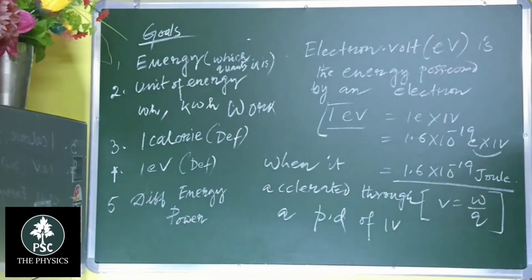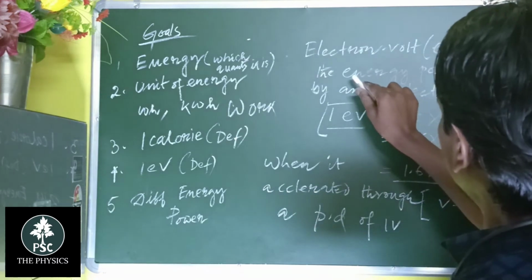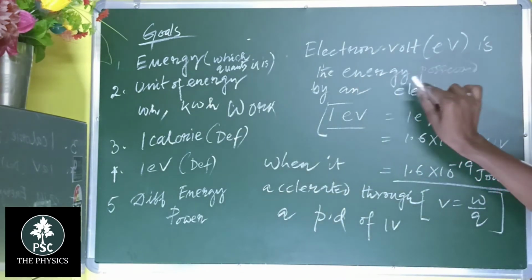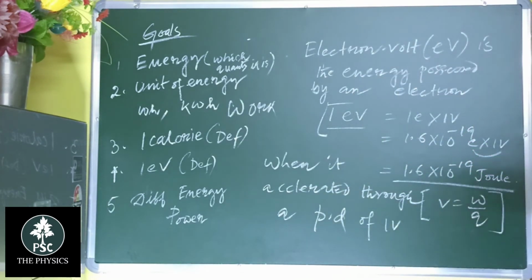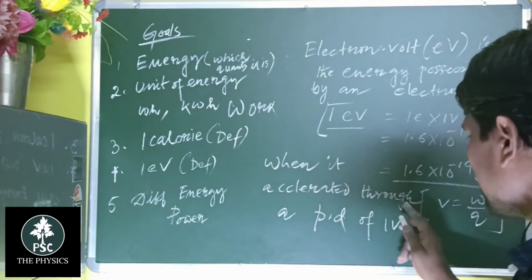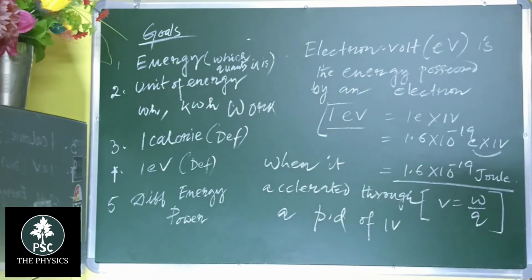So electron volt is the energy possessed by an electron when it is accelerated through a potential difference of 1 volt.